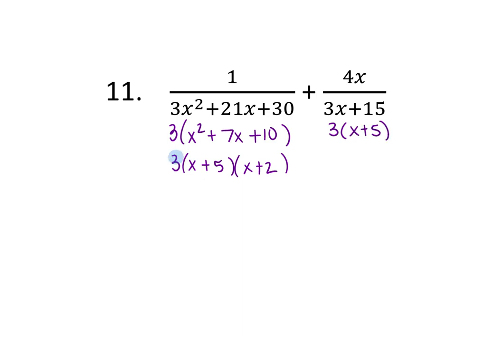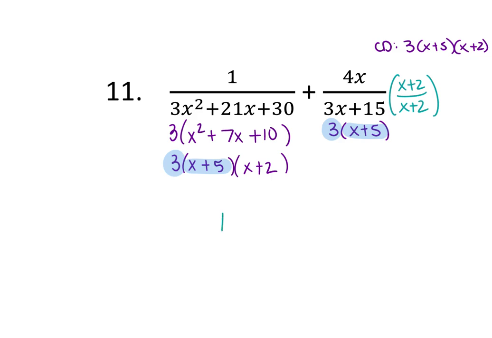They already have the 3 and the x plus 5. So for our common denominator, the 3x plus 5 is good, but we need that x plus 2 only on our second fraction. We already have it on our first fraction. So that one's going to stay as is, 1 plus.